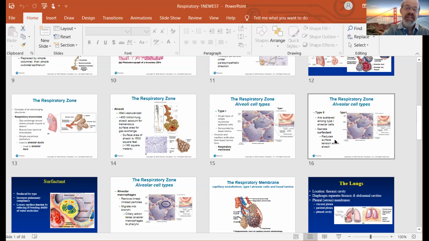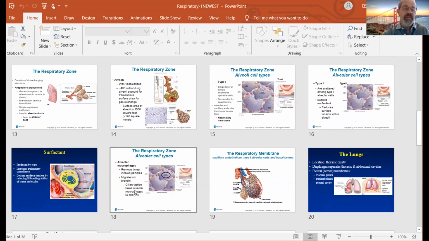Understand the role of surfactant and why it's important. Remember, it prevents the lungs from collapsing and allows them to reinflate due to the breaking of hydrogen bonds, because it is a detergent-like molecule. And then the third cell is the alveolar macrophages, much like the macrophages that we see in the brain, the microglia. And later we'll take a look at the next topic, the cells of the digestive tract, where there are macrophages in the liver.